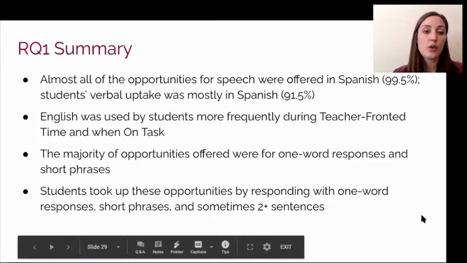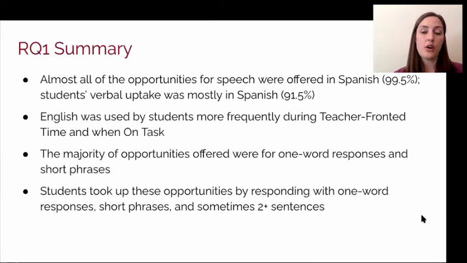So just to summarize, almost all of the opportunities for speech were offered in Spanish, and students' verbal uptake was mostly in Spanish. English was used by students more frequently during teacher-fronted time and when on task. And this may be because there were some instances of students explaining their answer in Spanish, but then if there was a pause, they would then re-explain in English.